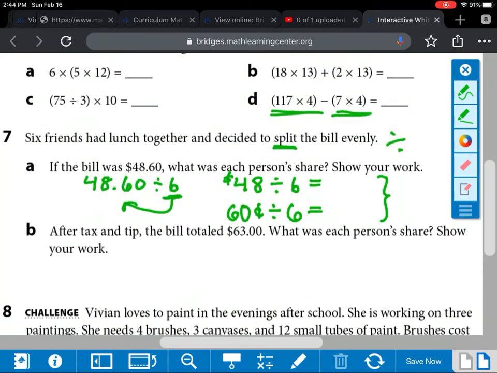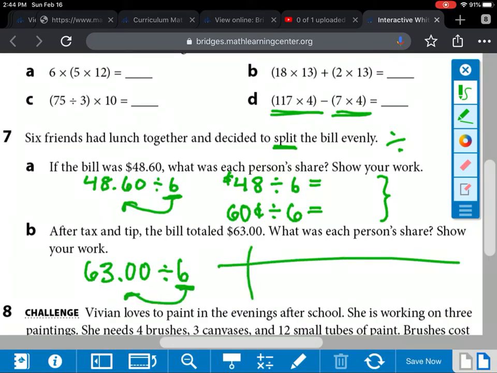And then in part B, we're asked to find a different amount. So the bill now is going to be $63, just flat $63, and we're still splitting that up between the 6 friends. So now I'm thinking 6 times what gives me 63. For this, I'm going to make a quick ratio table just because I want to make a point to you all. So here we're going to have the amount of money that each friend pays, and then the total amount in the bill.